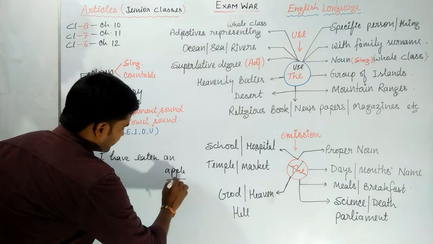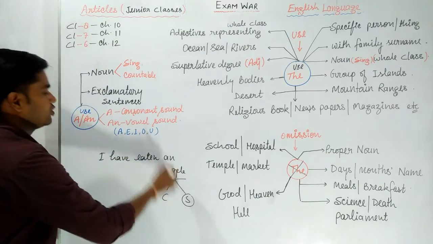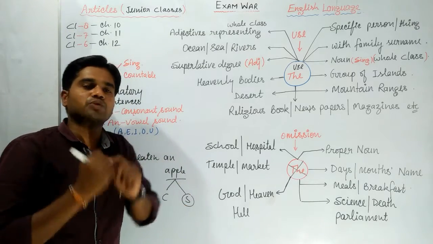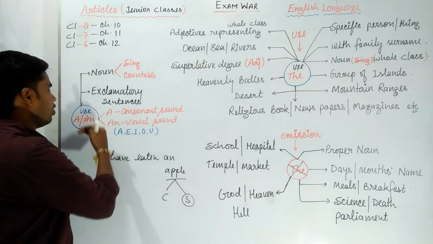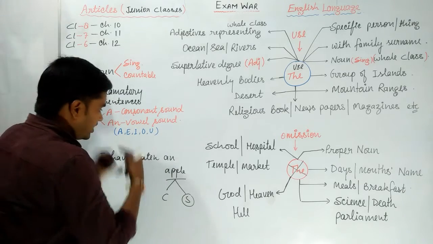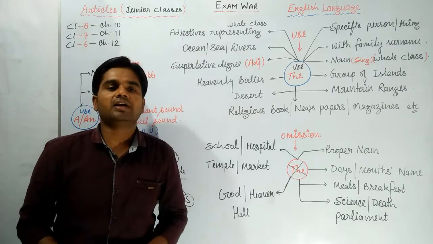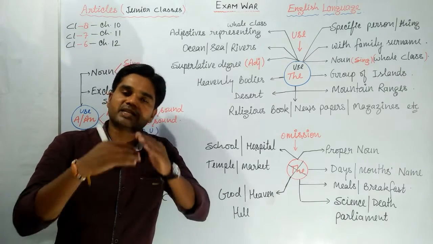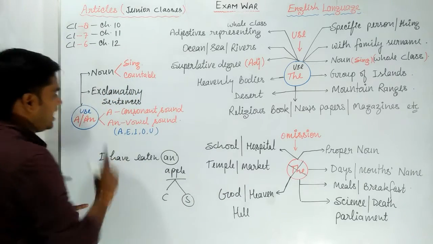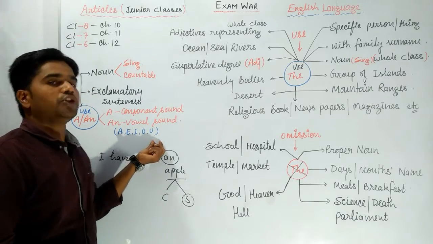Dear students, apple has both the qualities. It is countable and here it is singular. So when it has two qualities, countability and singular, we have to use article a or an before it. According to the pronunciation, we have to use an, because apple gives us the sound of a vowel. Generally the vowel sound letters are a, e, i, o, u.